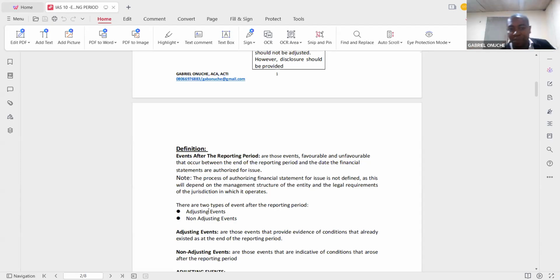The standard did not define the process of authorization of financial statements, and that is why the standard says the date the board authorized must always be disclosed. So that an external person reviewing the financial statements can point out when it was authorized and when the reporting date was. Between these dates, it is covered by IAS 10. Outside these dates, it is outside the scope of IAS 10. I hope that is clear.